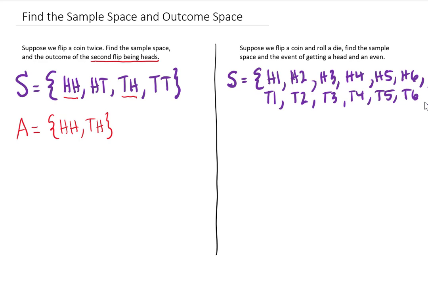Because we are both flipping a coin and rolling a die. I think this one might have come off the edge here, so let's see if I can keep it in.